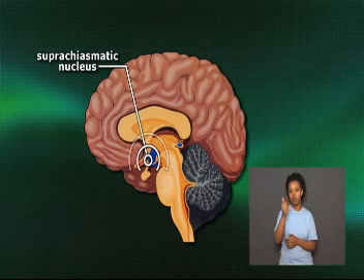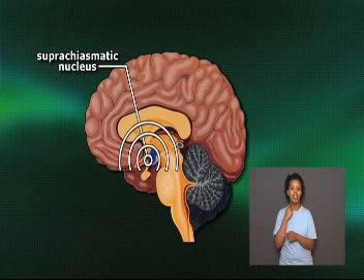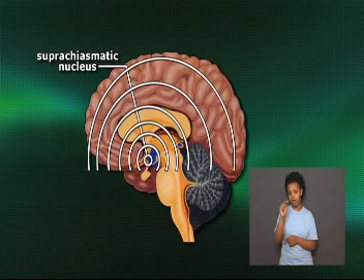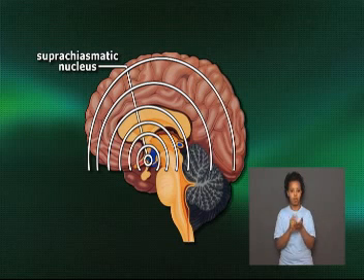This nucleus sends signals to a gland called the pineal gland, which secretes a hormone called melatonin throughout the body. Melatonin is secreted at night to promote sleepiness in the body. Hormones produce feelings of hunger, sleepiness, or alertness.